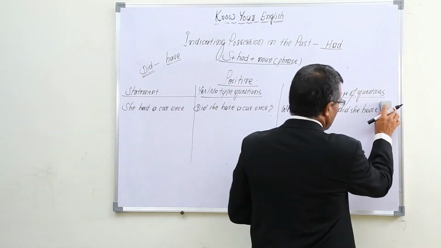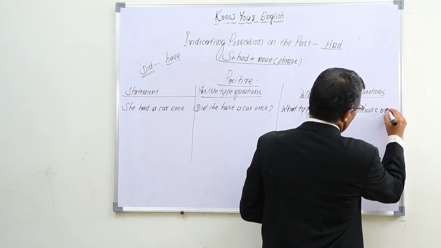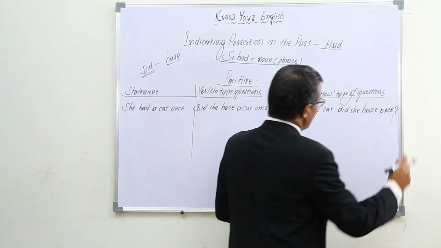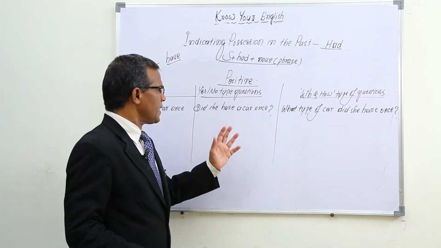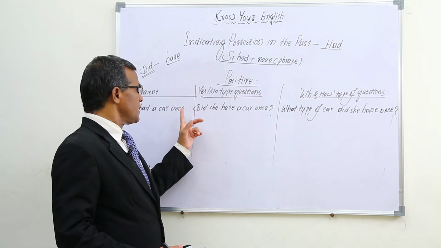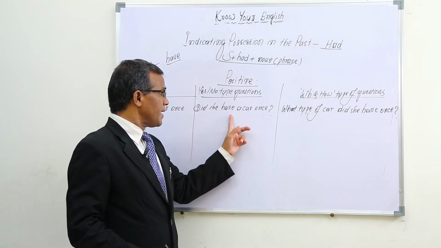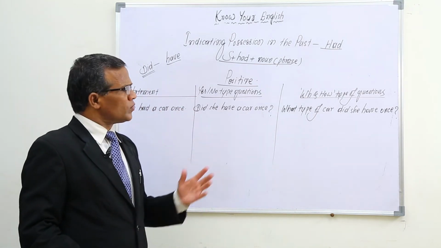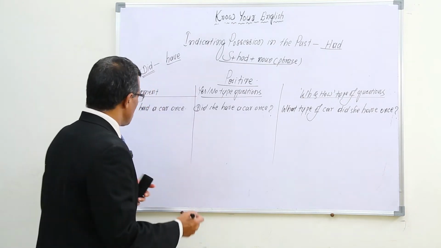What type of car did she have once? You can add once also if you want. And if you want to use how many cars, how many cars did she have once? Like that we can put questions.